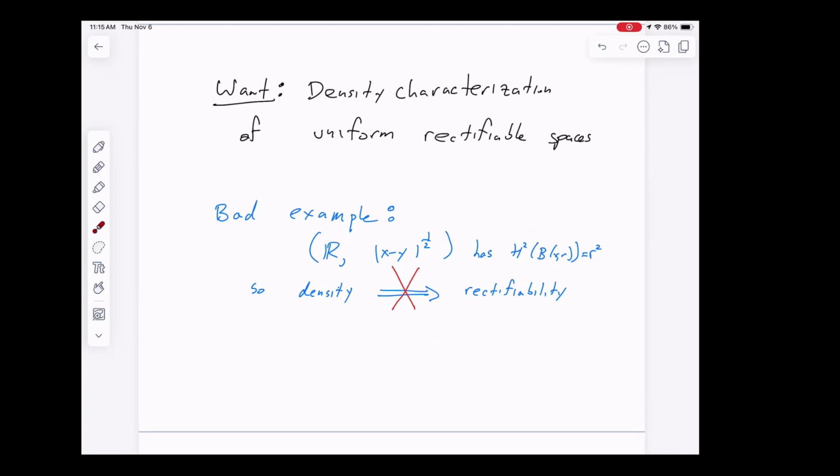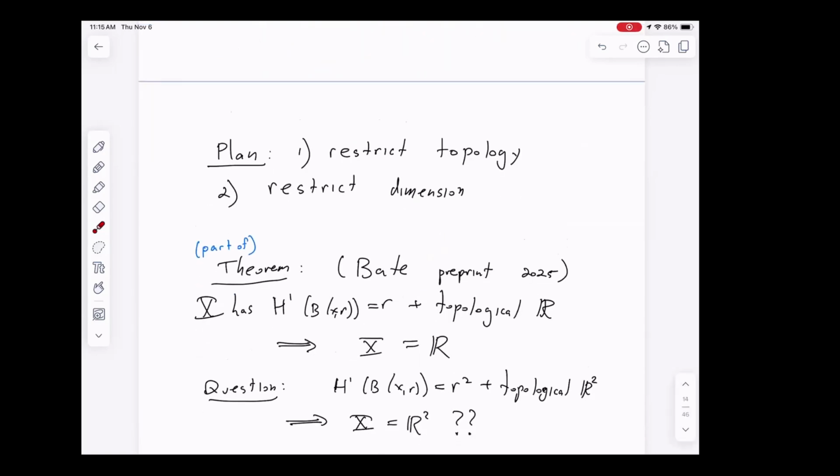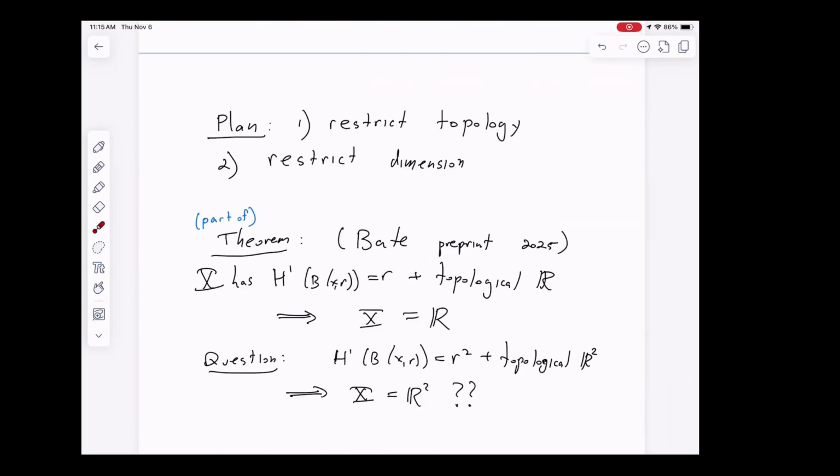And certainly this is not a rectifiable metric space. So something here went terribly wrong. So what we're going to do is restrict the topology. We're going to talk about two-dimensional spaces, both in terms of topology and in terms of measure. So we're going to talk about planes topologically. And we're also going to restrict the dimension. Specifically, we're again going to talk about planes.